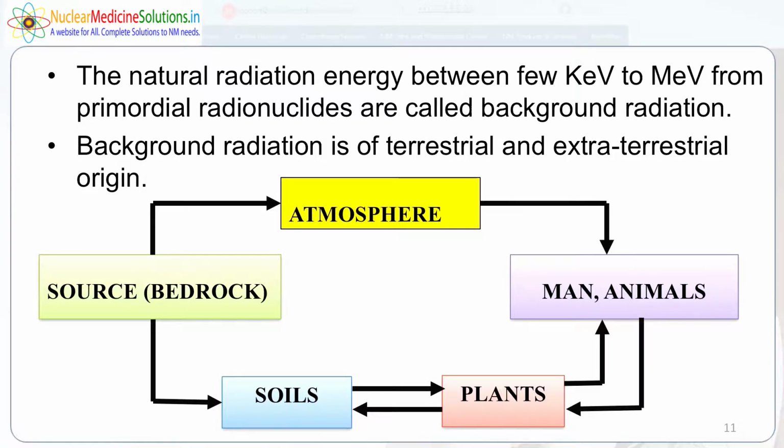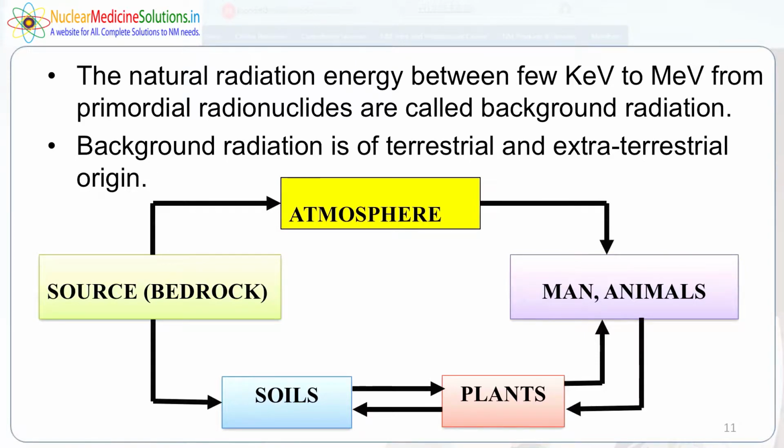The natural radiation with energy between a few kilo electron volt to mega electron volt from primordial radionuclides is called background radiation. As we defined in the previous slide, what is primordial background radiation? The radiation coming in the range of kilo electron volt to mega electron volt is background radiation, and it may be of terrestrial or extraterrestrial origin.